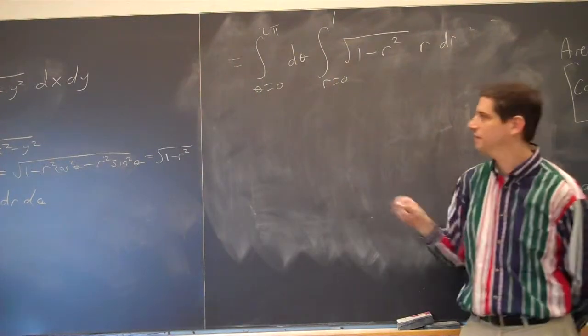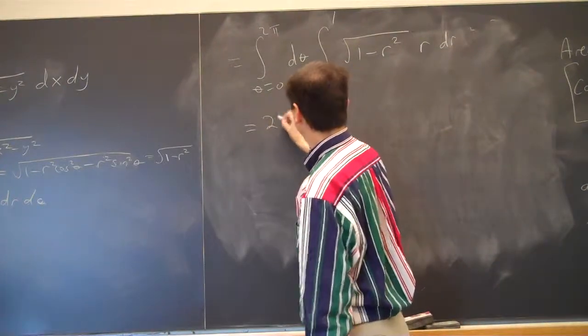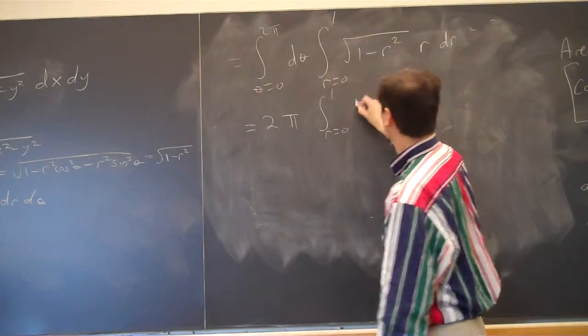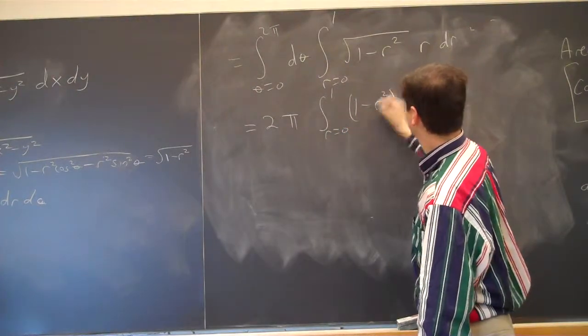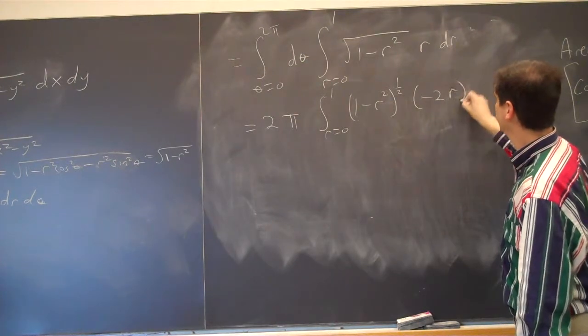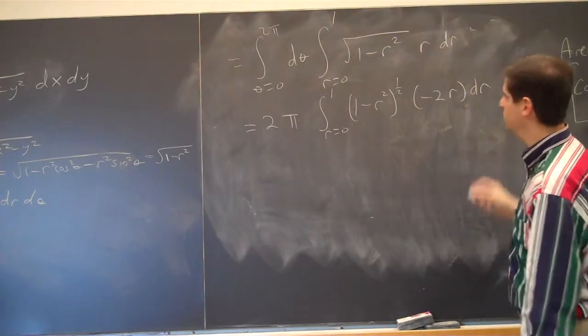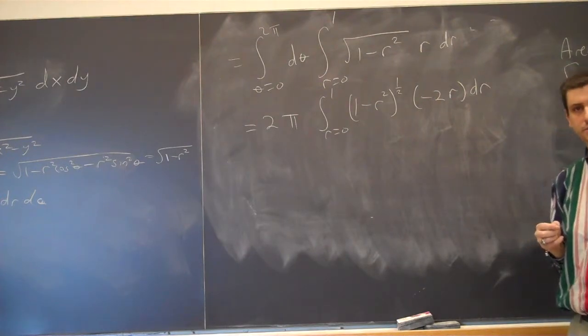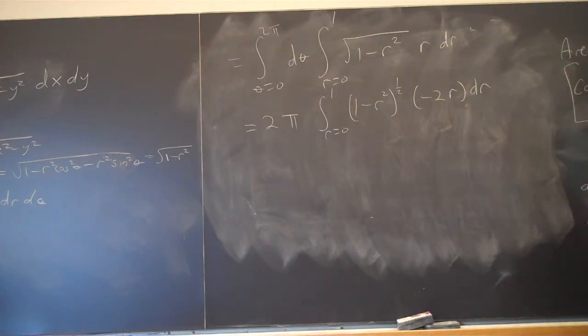2 pi. So I have 2 pi, and I want to integrate r from 0 to 1 of 1 minus r squared to the 1 half, and I'm just going to be very pedantic, negative 2r dr. So what do I have to multiply by? I can't just multiply by negative 2 as much as I'd like. Negative a half.